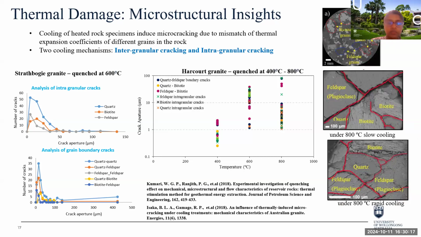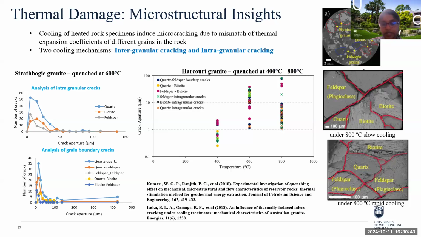First, I want to acknowledge Australian Synchrotron and Monash Centre of Electron Microscopy for their support in accessing these facilities. By examining micro-CT and SEM images of thermally treated granite at various temperatures, we observed substantial matrix degradation in reservoir rocks caused by thermally induced microcracking.